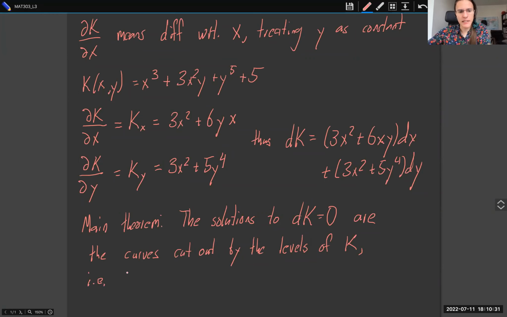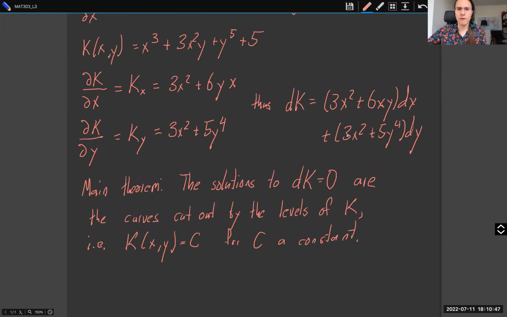What I mean is K(x, y) equals c, for c a constant. So we can imagine, like I said last time, that if we imagine graphing K in 3 dimensions, then we can consider the value c here, and then we get a plane.